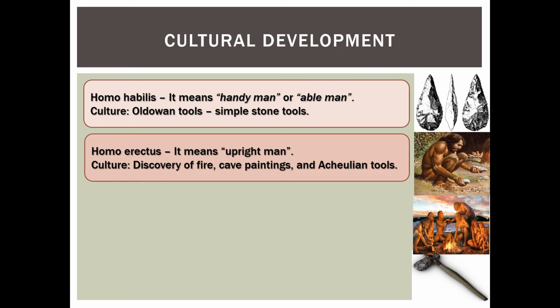The discovery of fire has a lot of purposes in our ways of living. For example, cooking. Fire is also a source of heat and light. It can also serve as protection against different wild animals during that time.